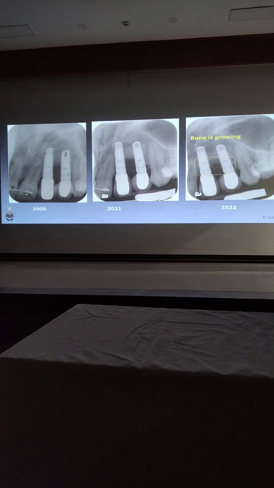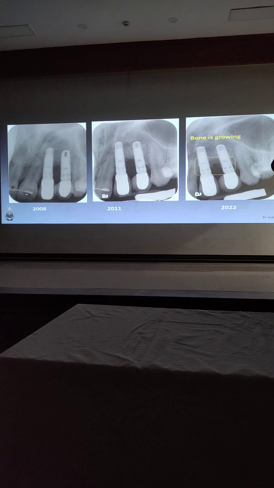So whenever I saw the unpredictable result from the block bone technique, I felt very guilty to our patient because I sacrificed their chin for implantation. But the result was not always good.